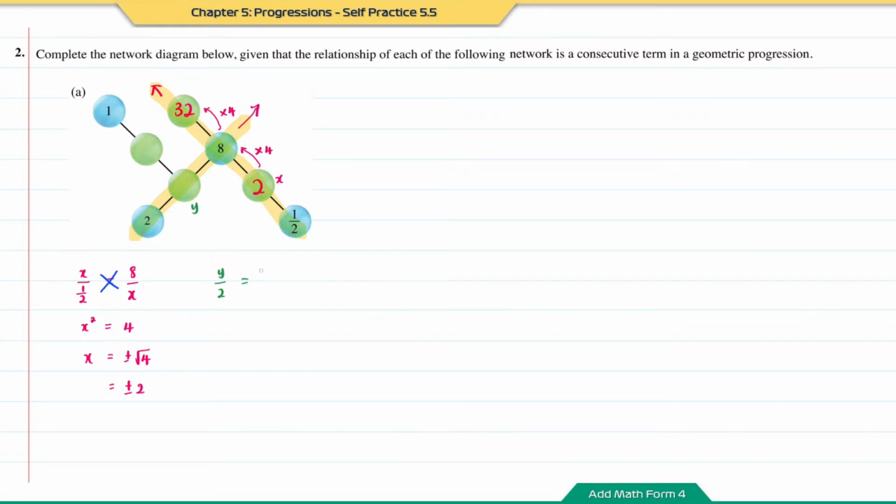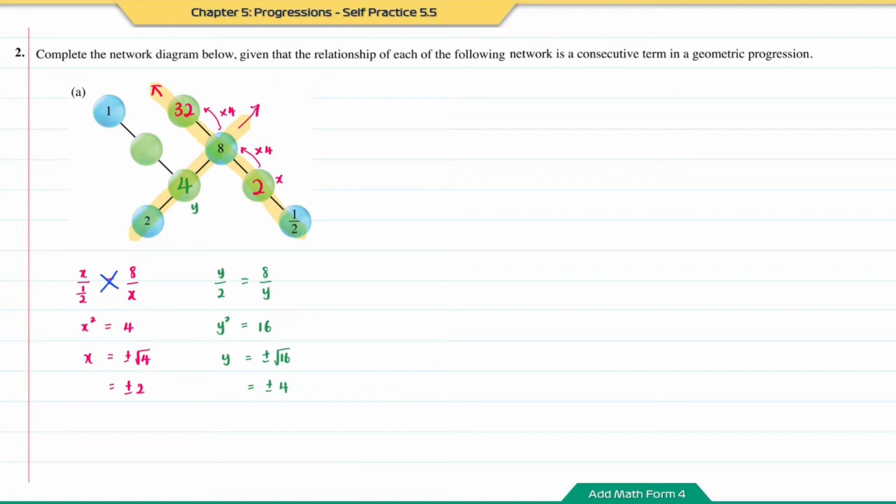This ratio will be the same as using 8 divided by y. Again, do the cross multiplication, and you'll find that y squared equals 16. Move the square to the right hand side, it will be plus or minus the square root of 16. So the answer will be plus or minus 4. In this case, I'm going to choose just the positive 4 for this y.